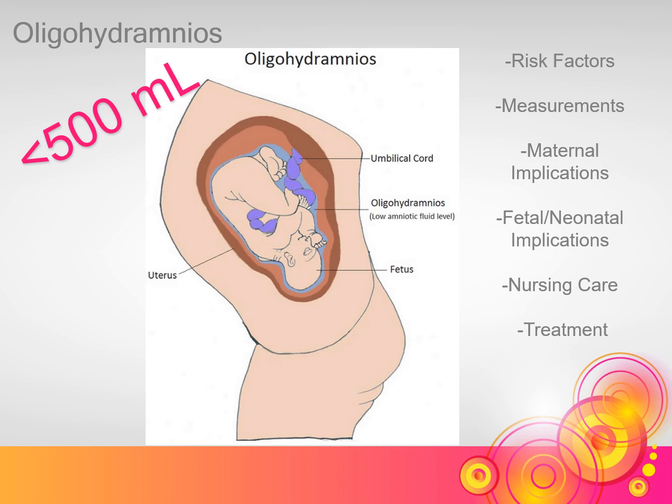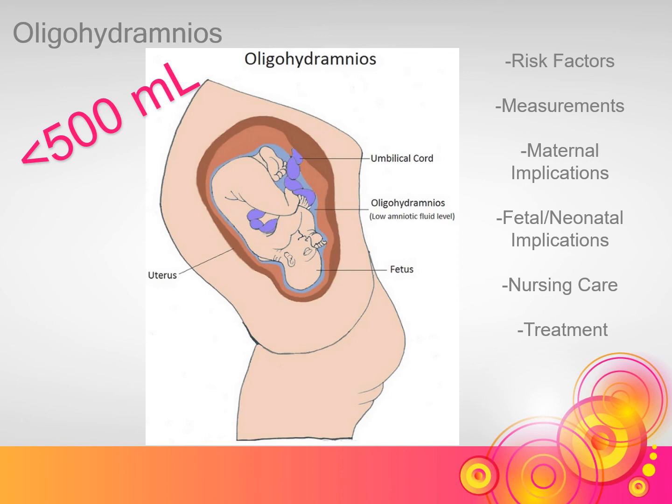Okay, here for fundal height, it will be lower than what is expected for gestational age. And this baby with no fluid in the way is extremely easy to palpate. Maternal implications, this could lead to a dysfunctional labor and a slow progressing labor.